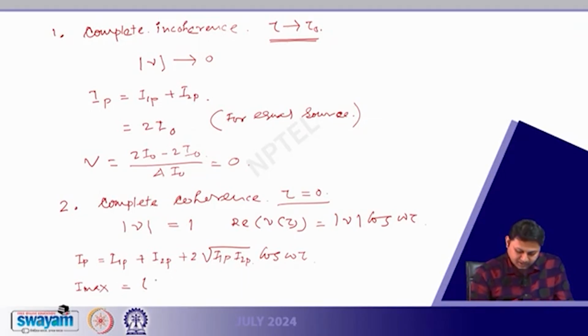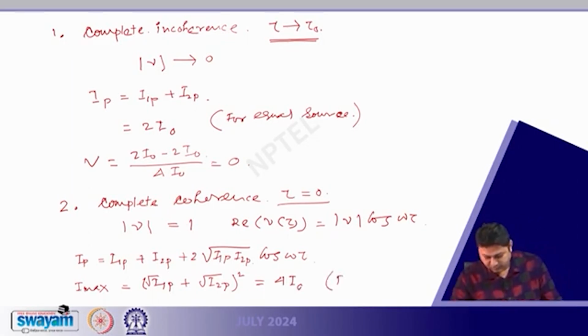This is basically root over of I1p plus root over of I2p whole square of that. If I1 and I2 are the same, then this value is 4 I naught for same source.